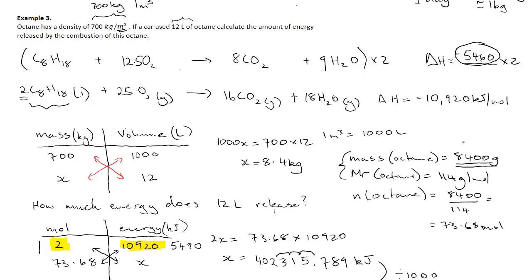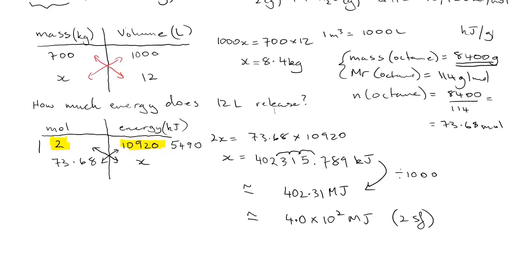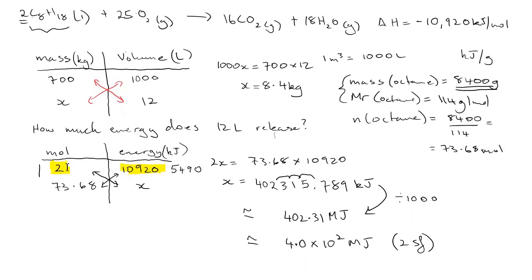We could have used the enthalpy in kilojoules per gram instead of kilojoules per mole, and that would have given us the same answer. Regardless of how we did it, the answer is correct. So there's a few ways of going about these questions. Later on, it may be more efficient for you to use kilojoules per gram. And the way you'd know when this is appropriate is you'd look at the units that you're dealing with. So in this case, it's mass.